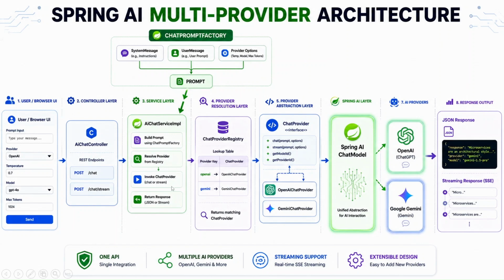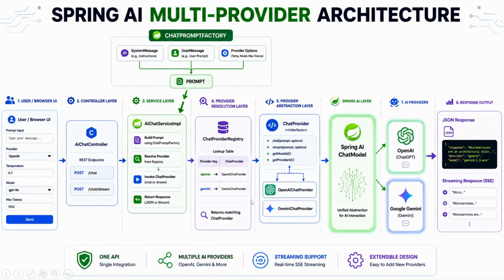Once we have Gemini, all right, we will use this prompt factory to build the prompt. All right, once we have prompt ready, we are calling our Spring AI layer. All right, and Spring AI layer calling the actual AI, and we are getting the response.